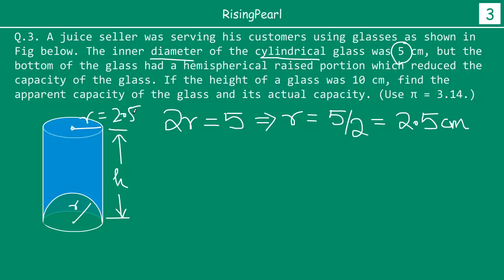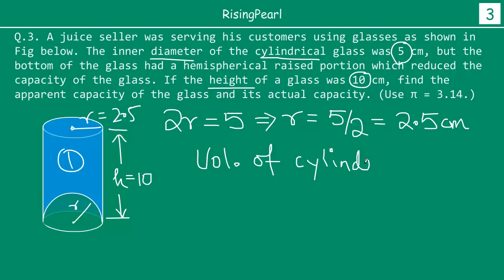Now what do we know about the height? The height of the glass is also given, which is 10 centimeters. That means this height is 10 centimeters. So the volume of the cylinder, we know the formula to calculate it. It is pi r square h.